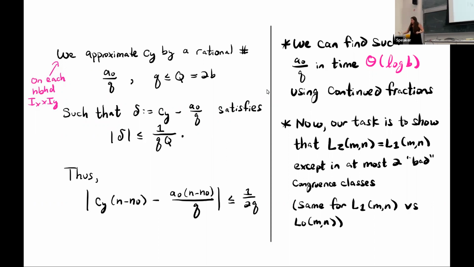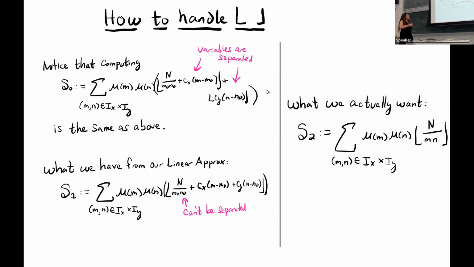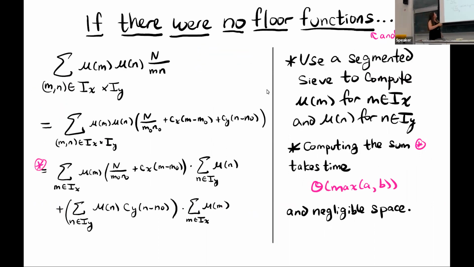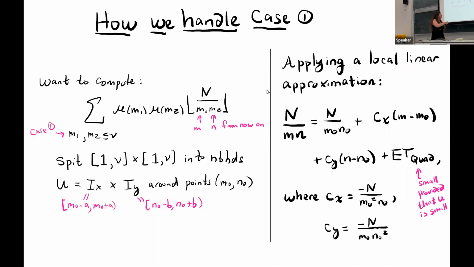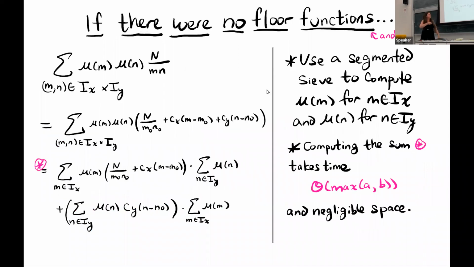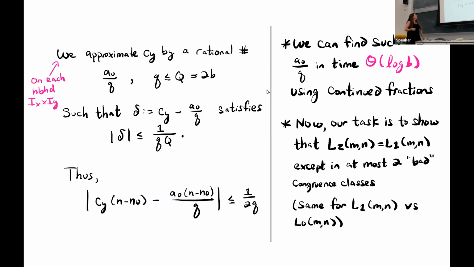So what am I doing here? When we did our local linear approximation, it would be natural to take something like the denominator to be our q. Unfortunately, these are pretty big, so we want to take smaller q's. So we use continued fractions to do a Diophantine approximation.